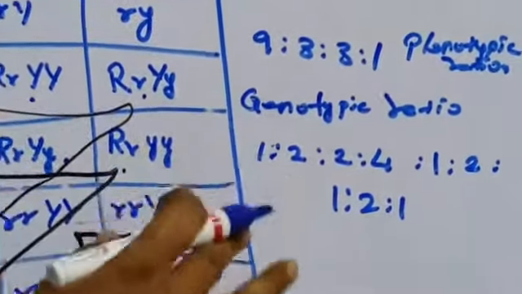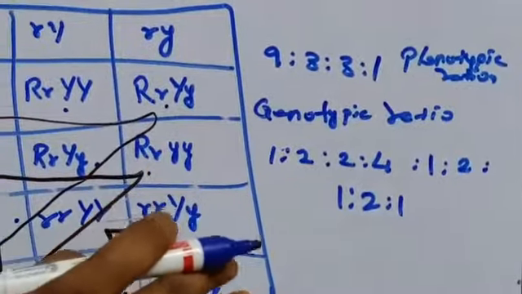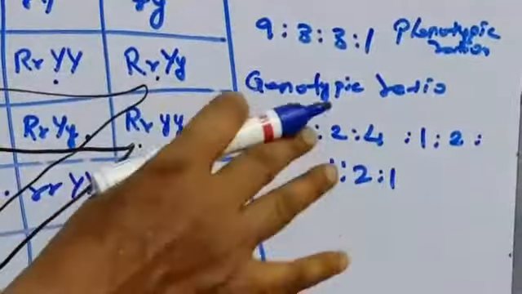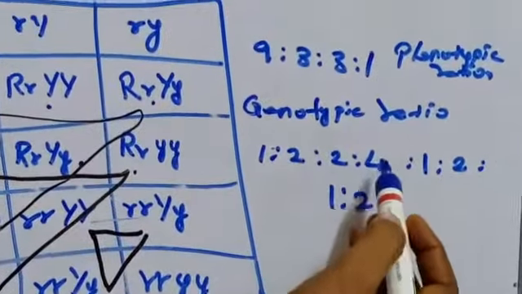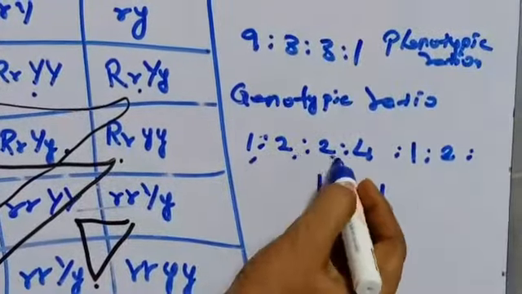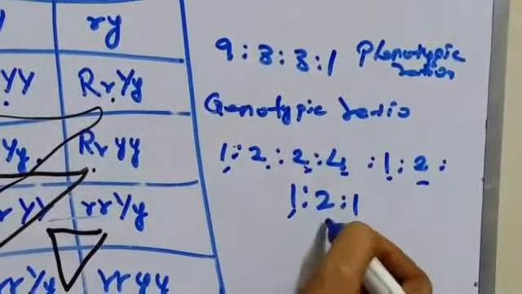This is the genotypic ratio. See how many? 1, 2, 3, 4, 5, 6, 7, 8, 9.